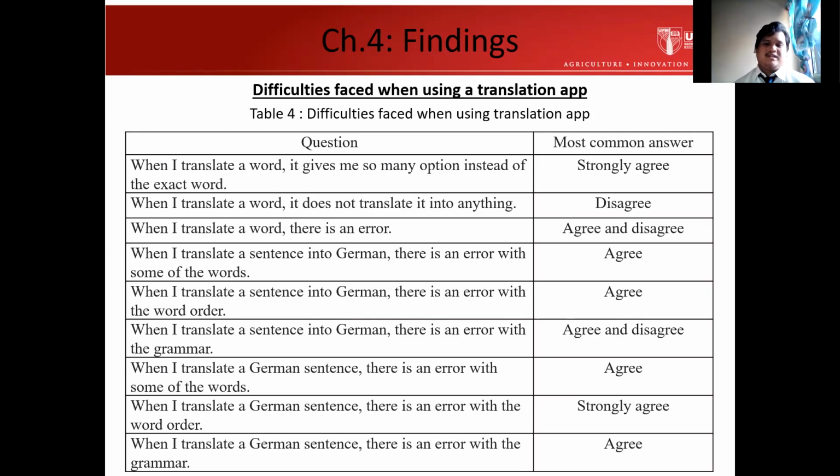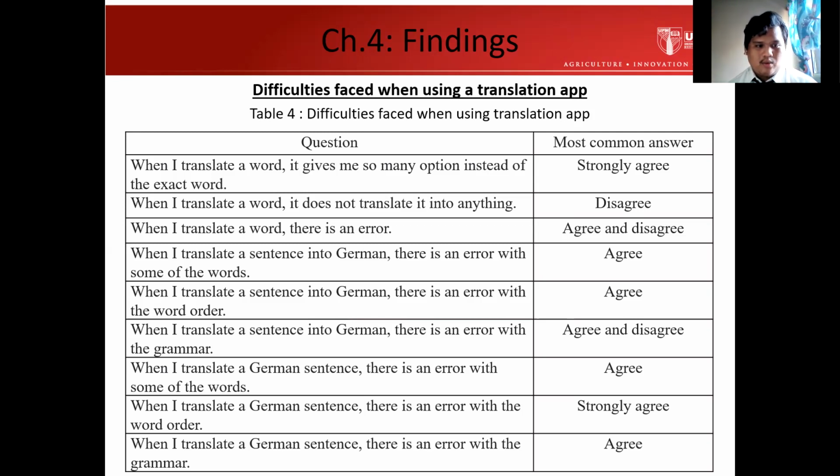The reason for this split could be the type of text that they use, the words that they try to translate, or maybe just the translation apps. This doesn't happen very often, but it still does happen. So there's also something to be looked at.